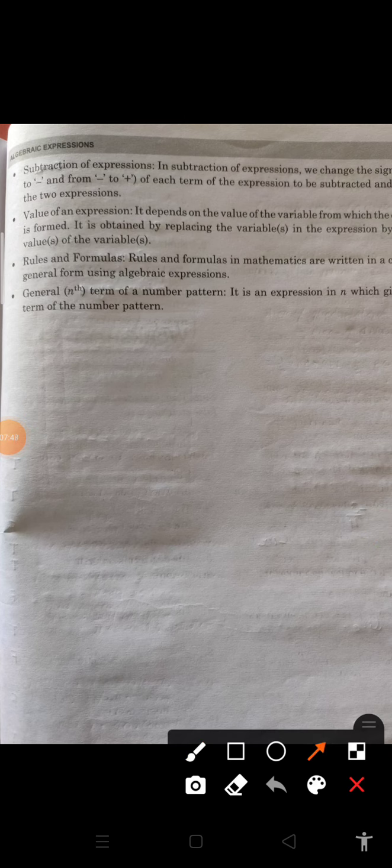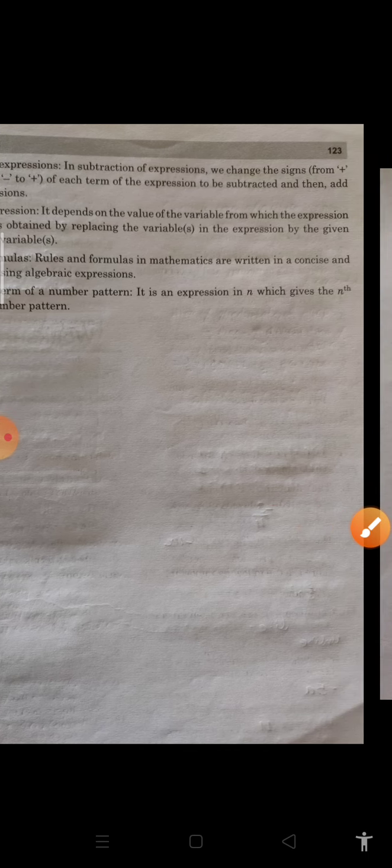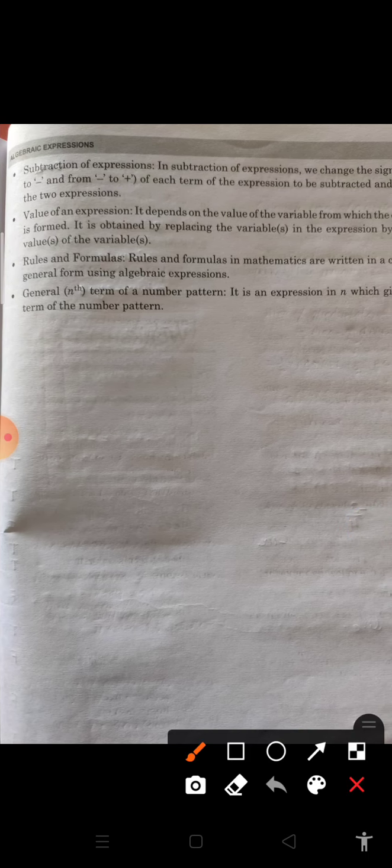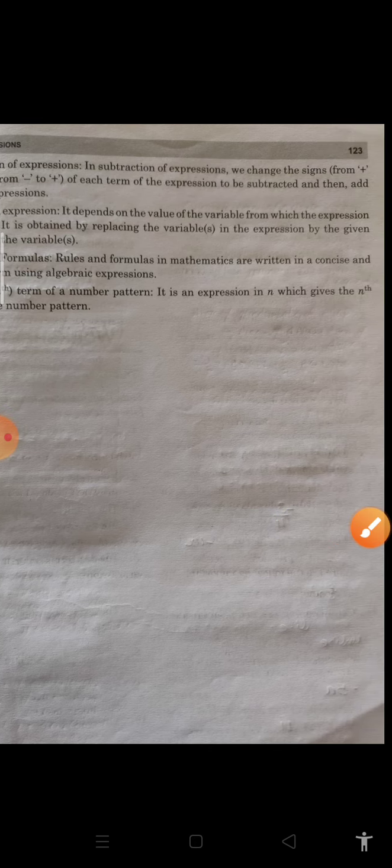Now next is subtraction of expressions. In subtraction of expressions, we change the sign from plus to minus and from minus to plus of each term of the expression to be subtracted, and then add the two expressions.